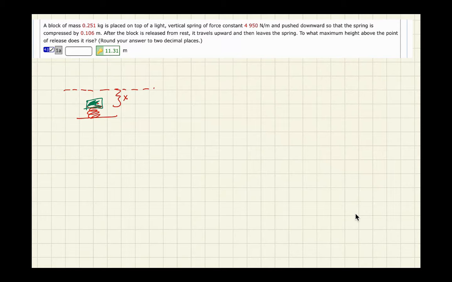So that's going to be the compressed length. That's going to be my X. So in this case, I'm given X as a known value. So we have X is given, the mass is given, the spring constant is given, okay?